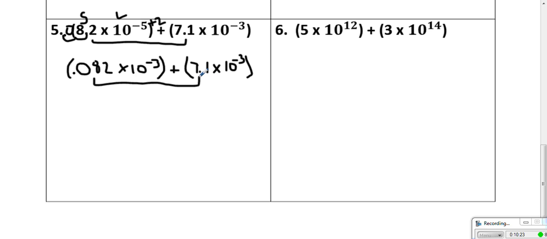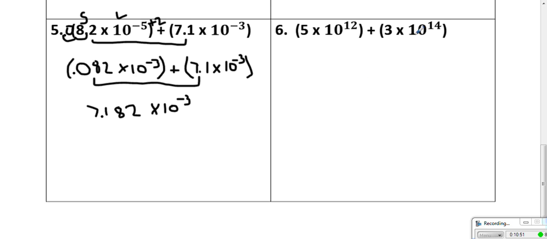And you get 7.182. Not that bad. Again, that's a number between 1 and 10, and you don't have to do any further work here. And that's the final answer. Number between 1 and 10, negative exponent, leave it, it's fine.